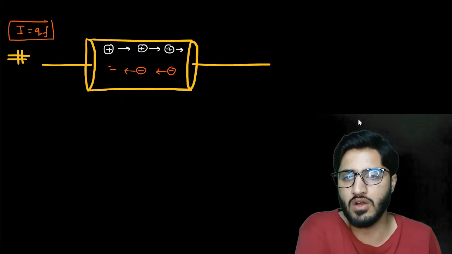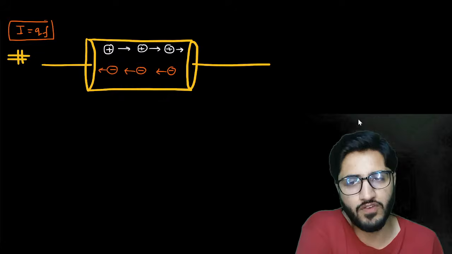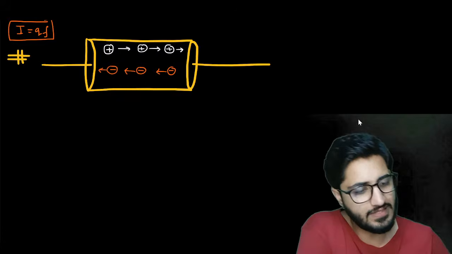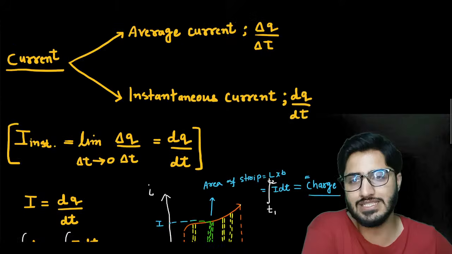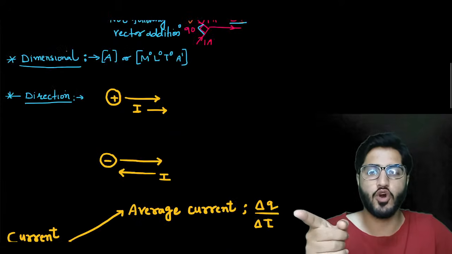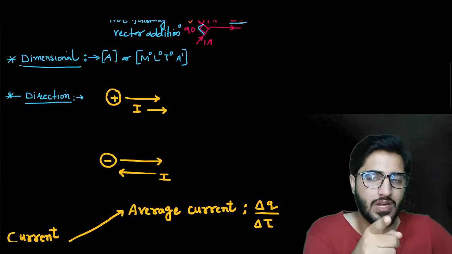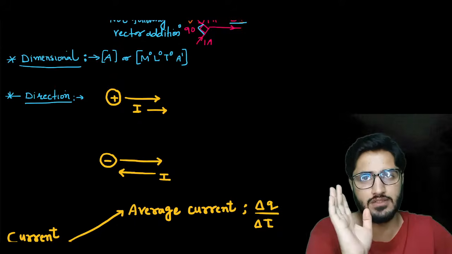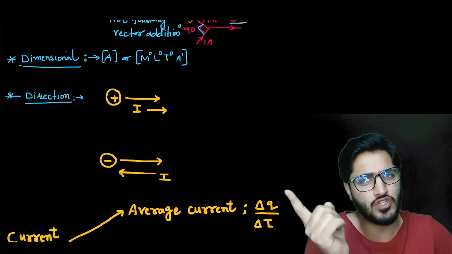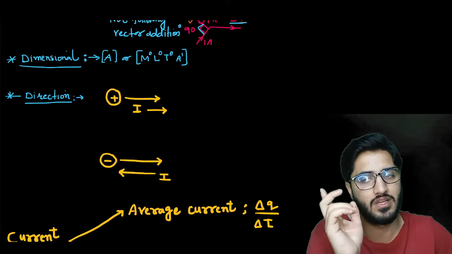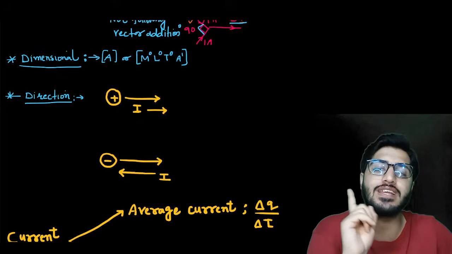So now you need to find the current. In the previous example, you can see here, if positive is going from left to right, current will flow from left to right. That means the current is in the same direction as the positive charge, but it will be opposite for my negative charges.